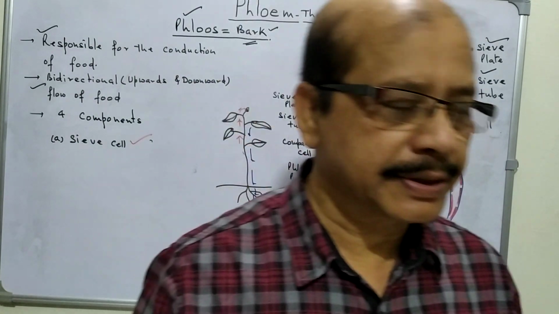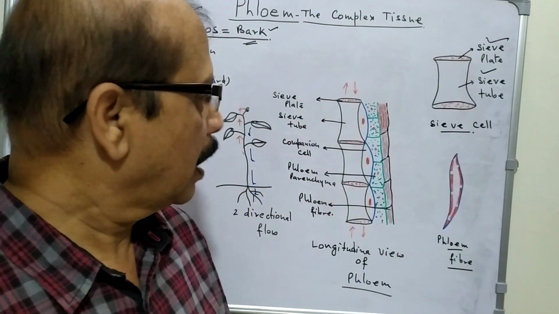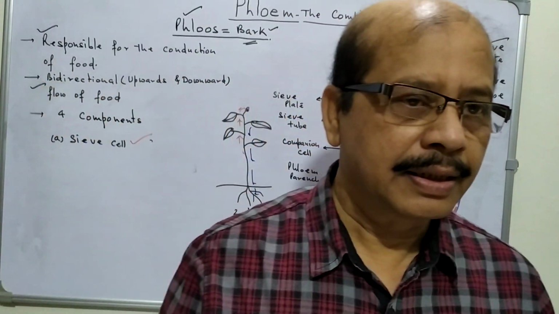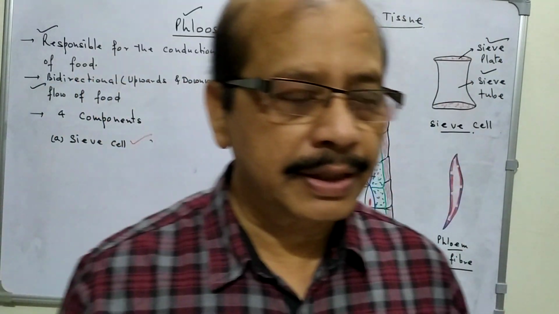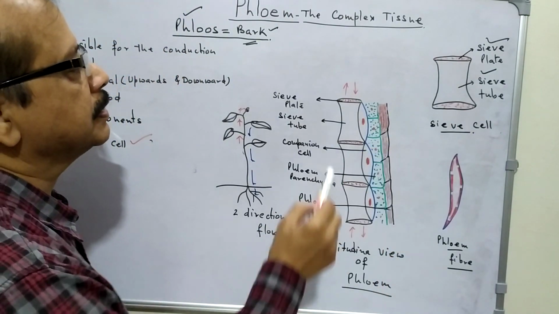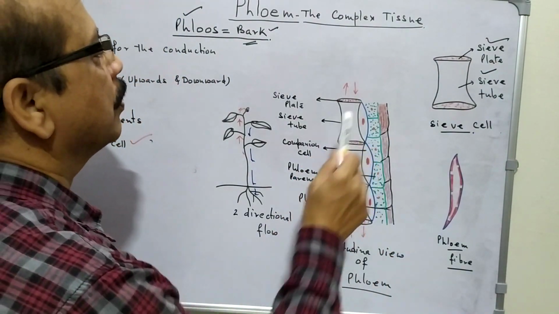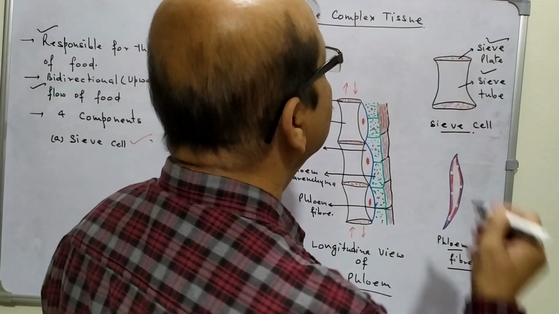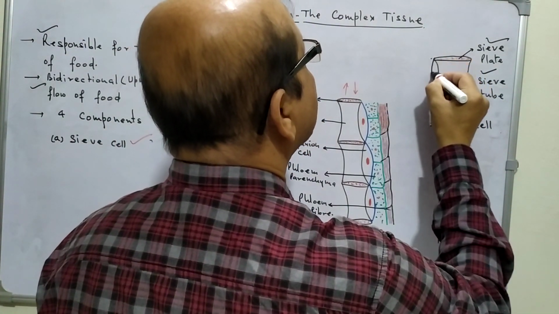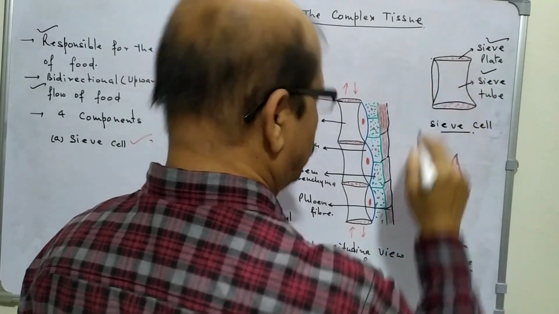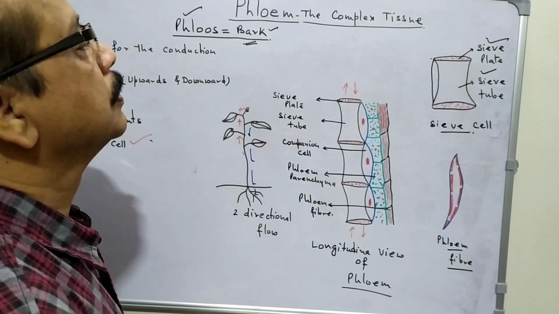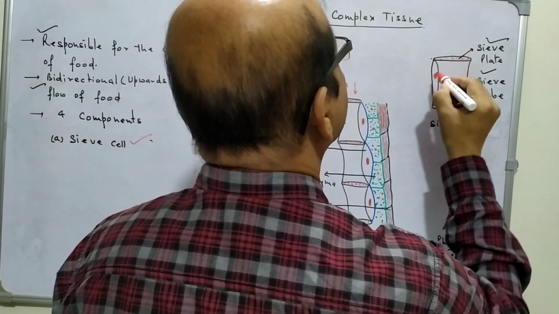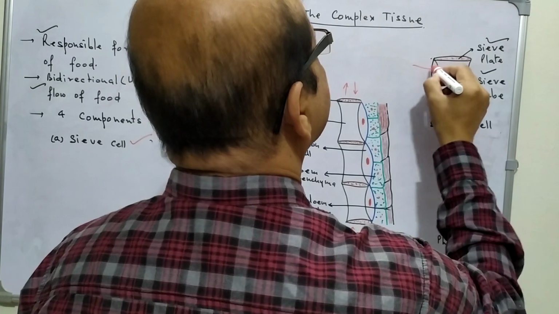No nucleus is present here. Now you will ask how the function of sieve tube or sieve cell goes on without nucleus. So all the functions are controlled by the nucleus of companion cell, which are closely attached to the phloem sieve tube. So all the activities of sieve cell are controlled by these companion cells.